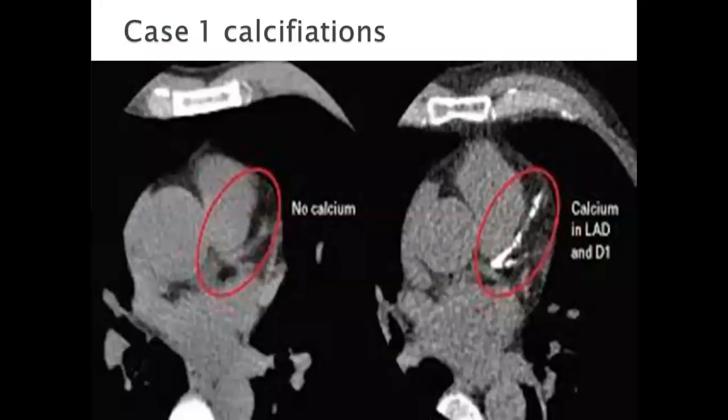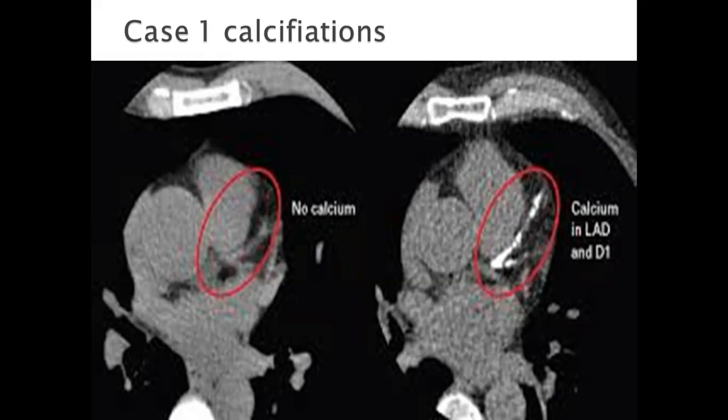So you can look at a few cases just to push the points home from the previous slides. If you see the image on my left, the LAD right there, you can't see any increase in density, any sort of calcification in the coronary artery.